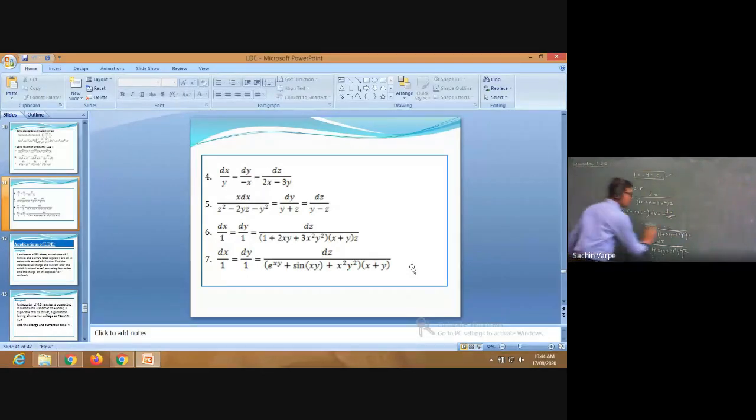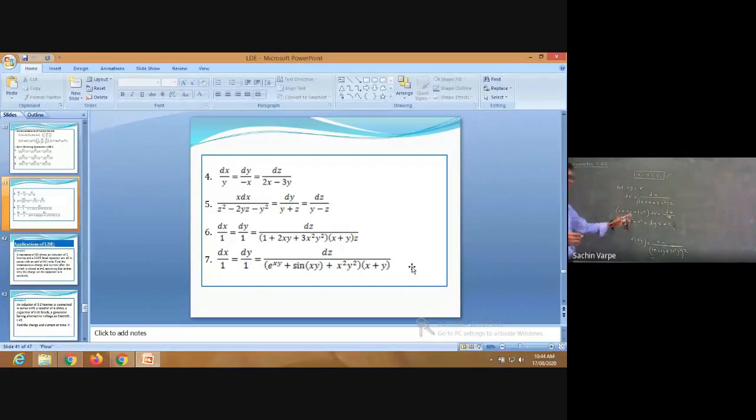So once we have a variable separable form, integrate it. Integrate with respect to v on the left hand side. So what we'll have? v plus 2v square by 2 plus 3v cube by 3, where 3 will get cancelled, 2 will get cancelled, is equal to log z plus c1 or c2.